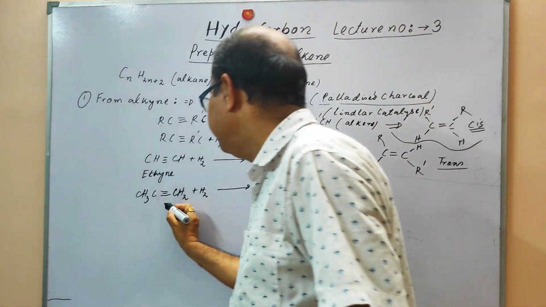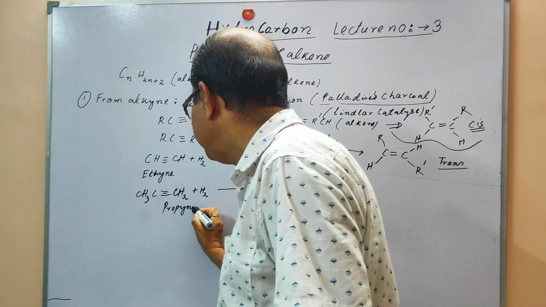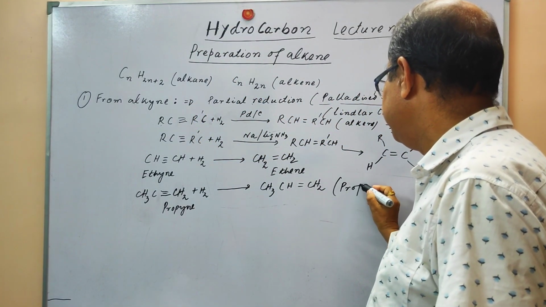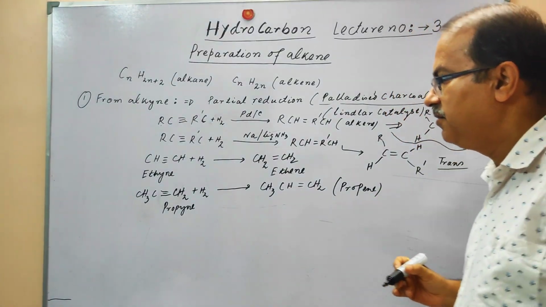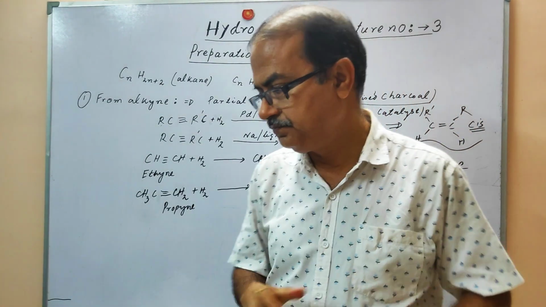This is propyne. This is propyne, and this is going to create the propene. So we understand the first process from which we can form the alkene.